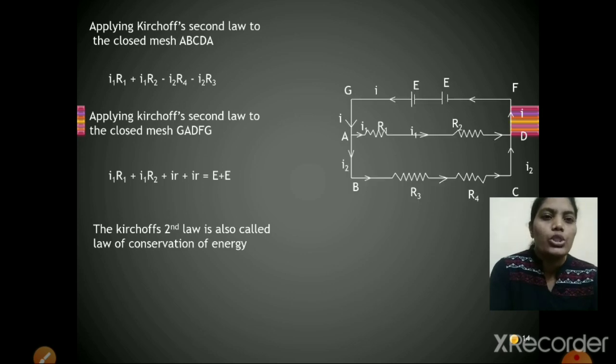Now this Kirchhoff's second law is also called the law of conservation of energy. That is nothing but the amount of potential difference we are giving to the circuit using the battery is equally distributed among all the resistors, and the energy is conserved in the closed loop.